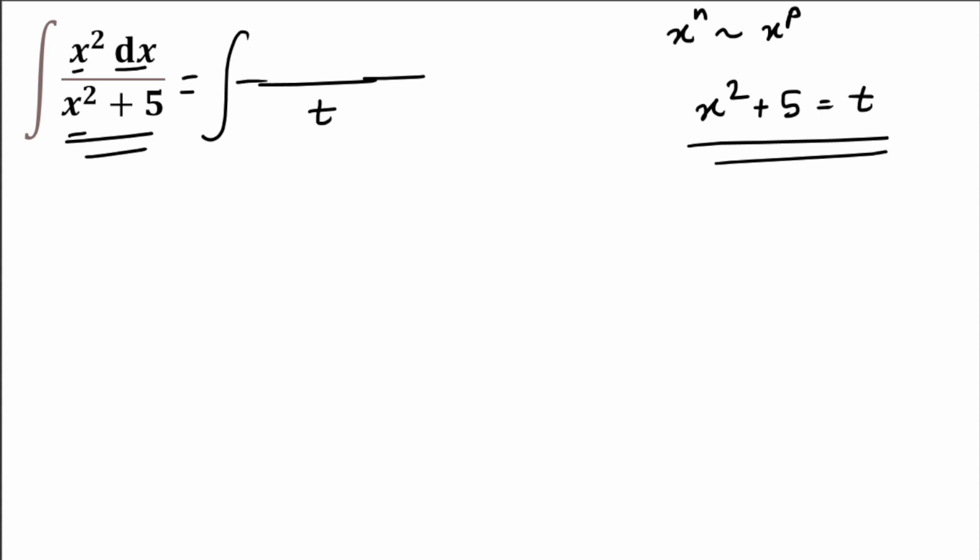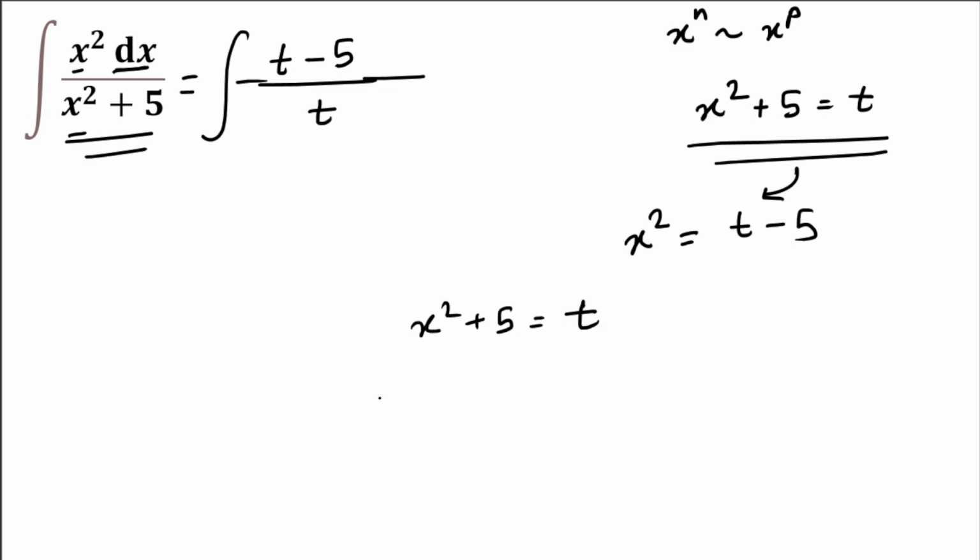So in order to change the x square term, x square is straightforward, it is simply t minus 5. So it will be t minus 5, but changing this dx term is tricky. So x square plus 5 equals t, this is known.